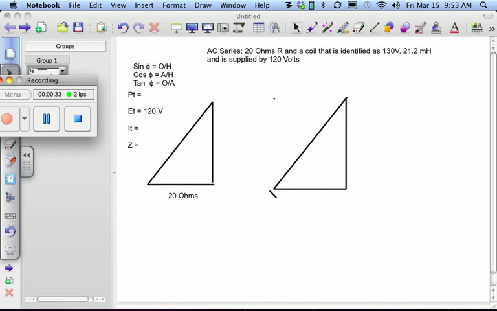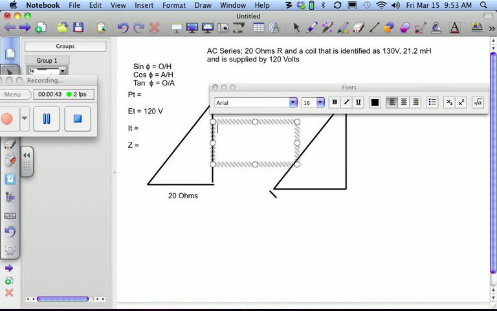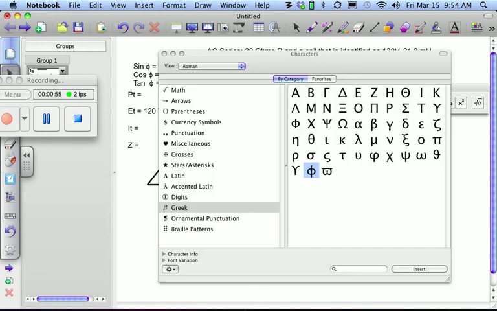First of all, can we figure out the X sub L? We can figure out the X sub L, can't we? 60 hertz? What's our formula for X sub L? 2 pi FL. X sub L is equal to 2 pi FL. Need to insert a symbol there.